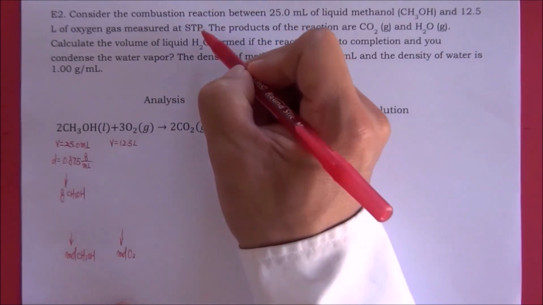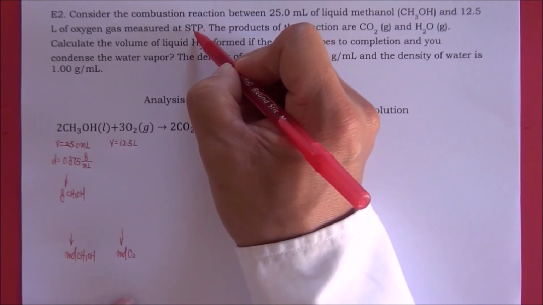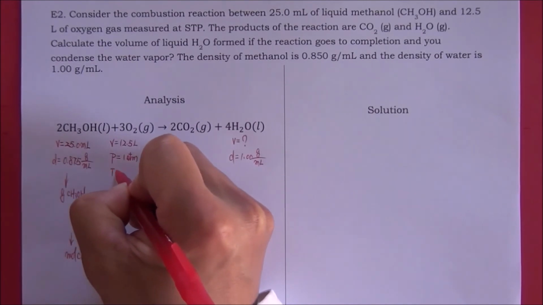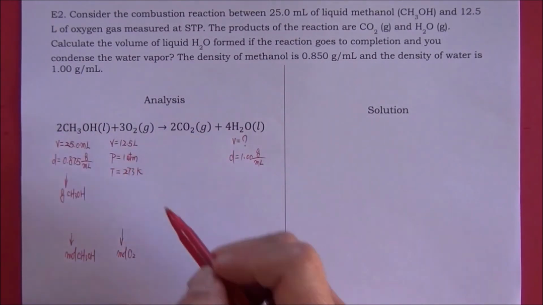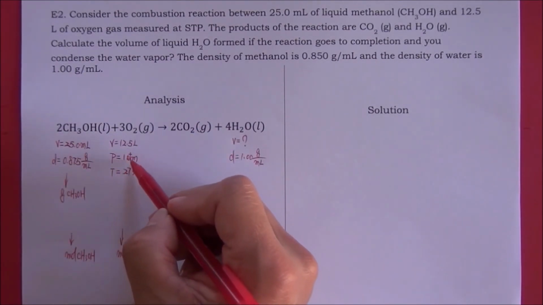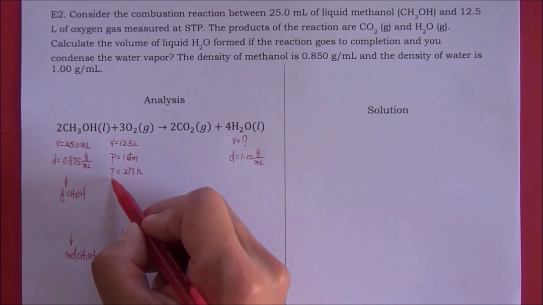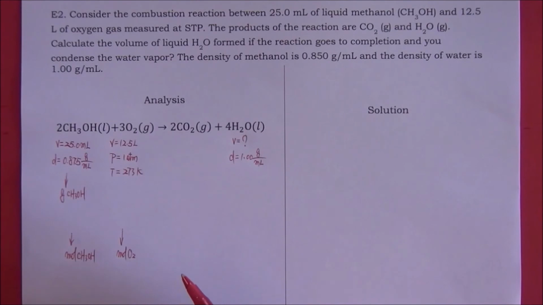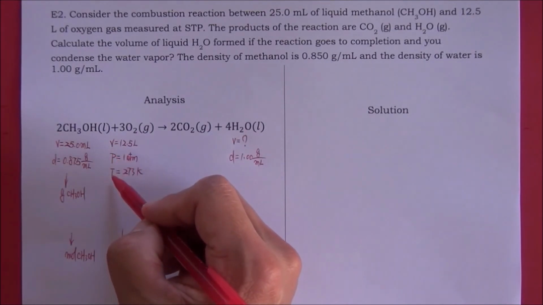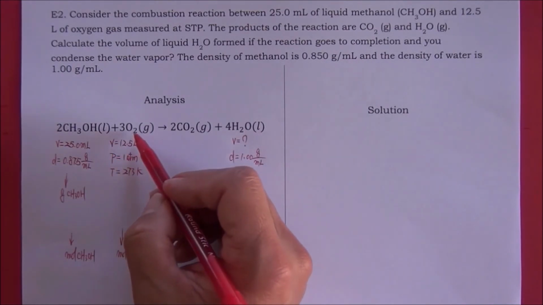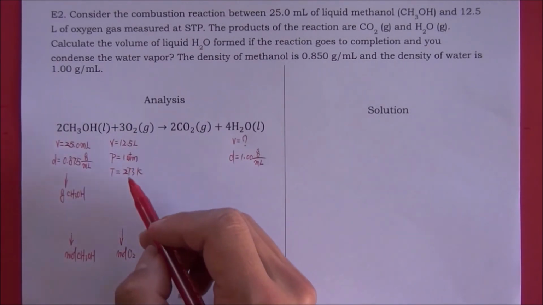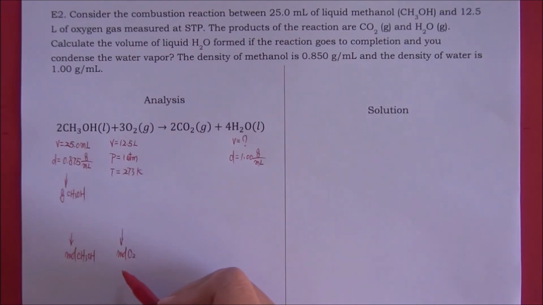From here, we can find out the pressure and temperature. For STP, the pressure equals 1 atmosphere, temperature equals 273 Kelvin. If we know the volume, pressure, and temperature of a gas, we can use the ideal gas law to convert to moles of the gas. So this is also possible.